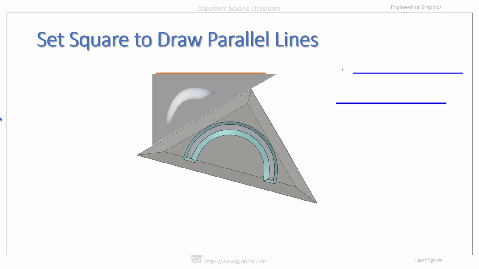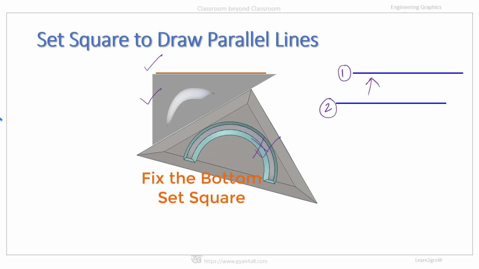Suppose we say line 1, and we want to draw a line 2 which is parallel to line 1. To do that, we can use these Tsquares. For that, we have to draw line 1 first, then we keep this Tsquare in this position and fix it at this position.